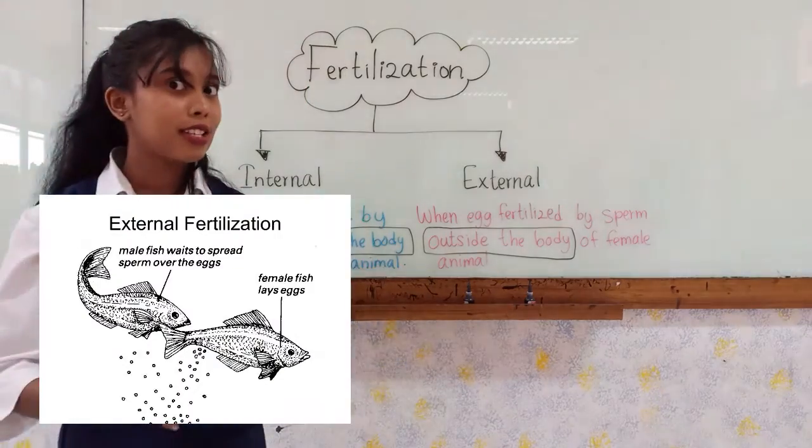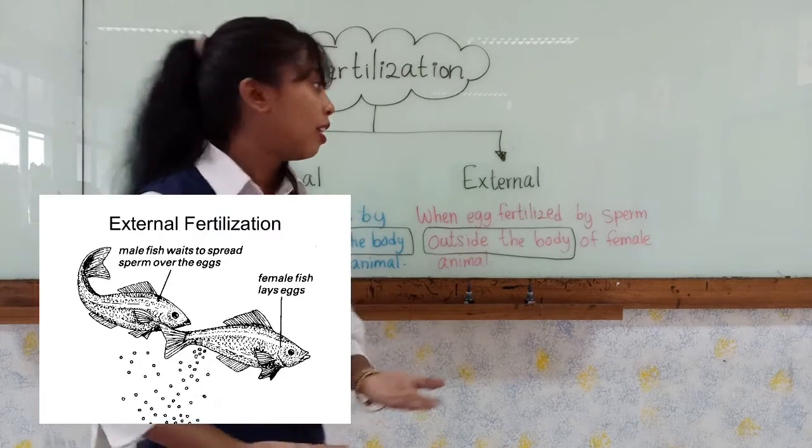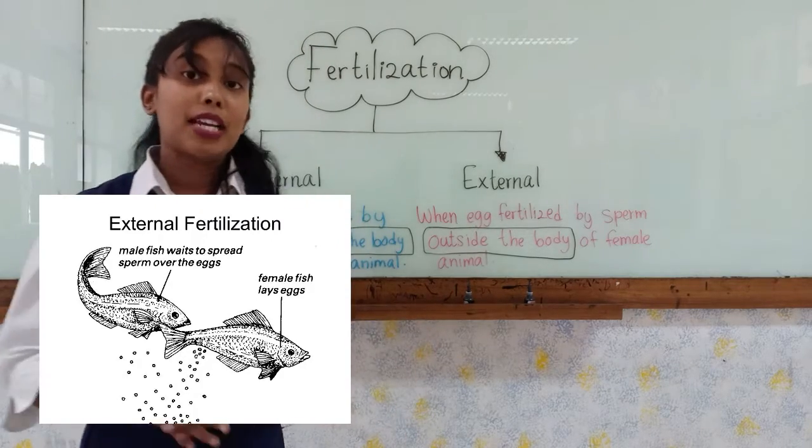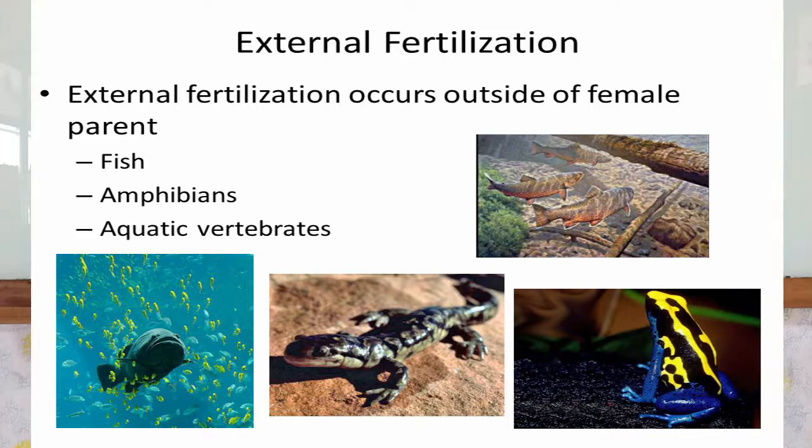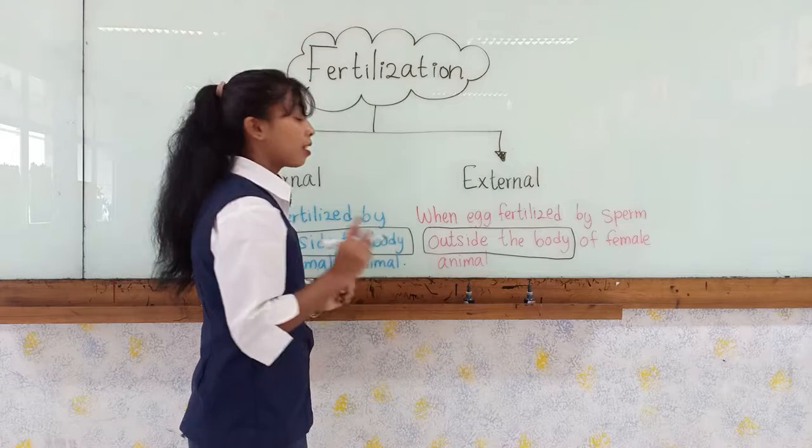So it is not inside, it is outside. This kind of fertilization process happens in amphibians like frogs or salamanders, or some fish.